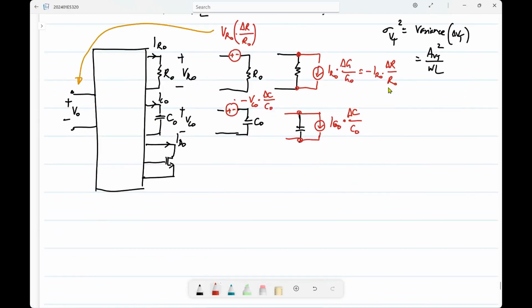What would we do for the MOS transistor? What would it be? So this MOS transistor has some error in the current factor delta beta and some error in the threshold voltage delta Vt. So how should we represent these?